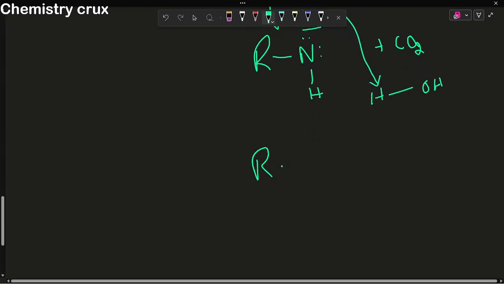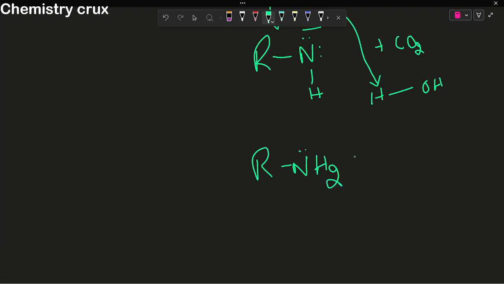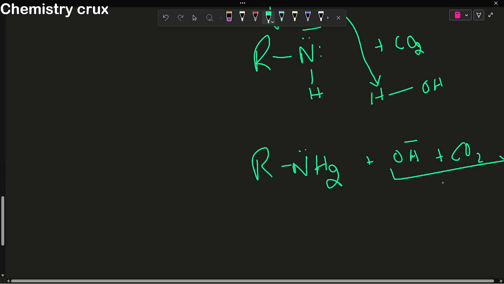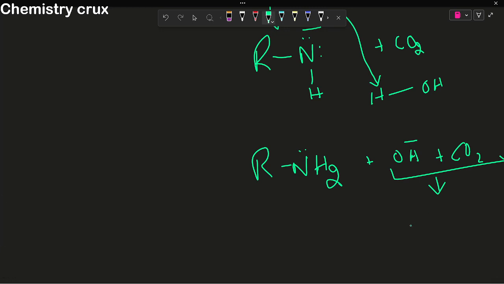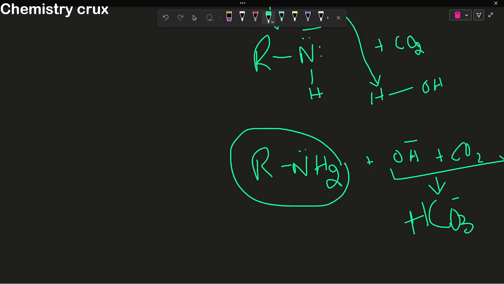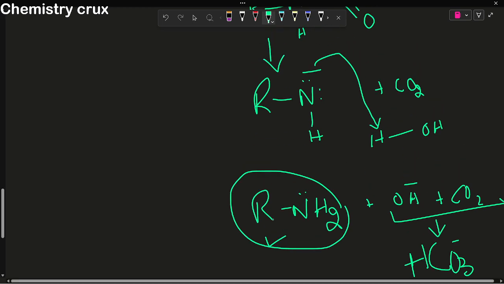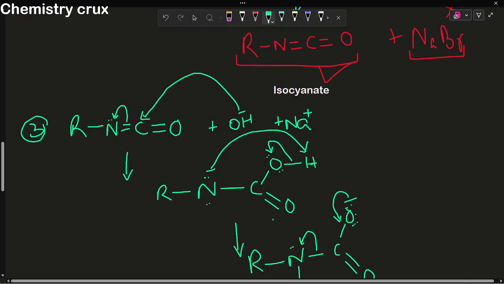So what we get is RNH2, the primary amine, that was our product of concern, plus OH negative, plus CO2, which both of them can be said as HCO3 negative, fine. And here we have the primary amine. This is our product of concern. So this is the third step of the reaction.